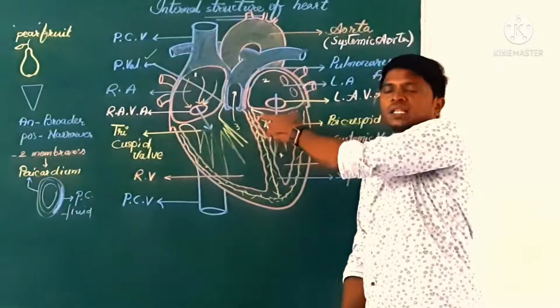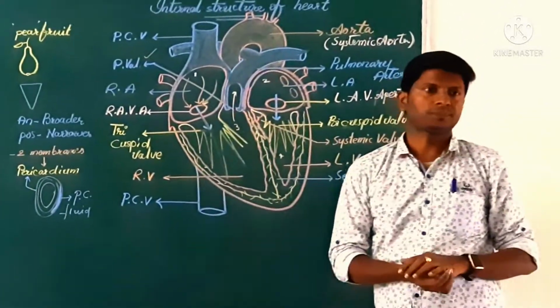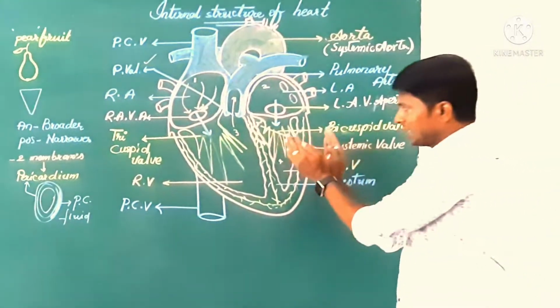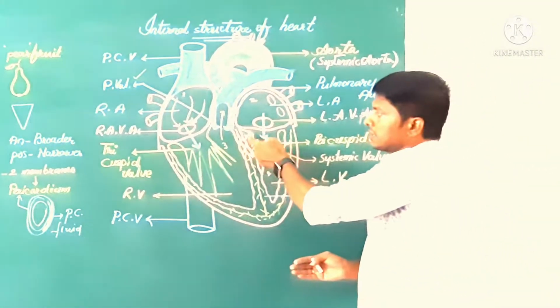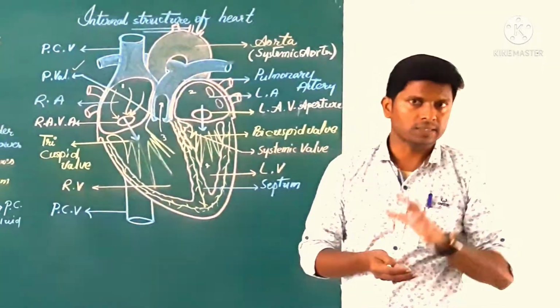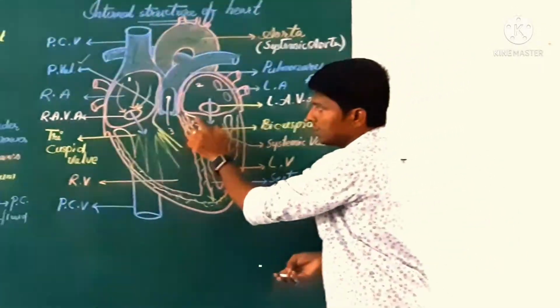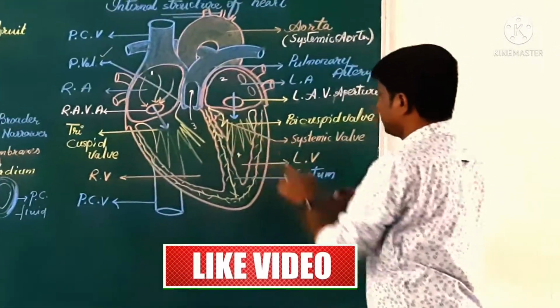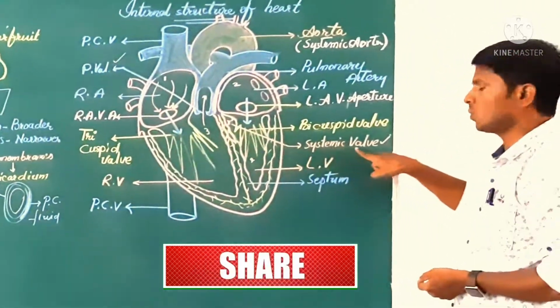Next, another one. From this left ventricle, a blood vessel arises, that is the aorta, also called the systemic aorta. At this place, there is a valve that is called the systemic valve.